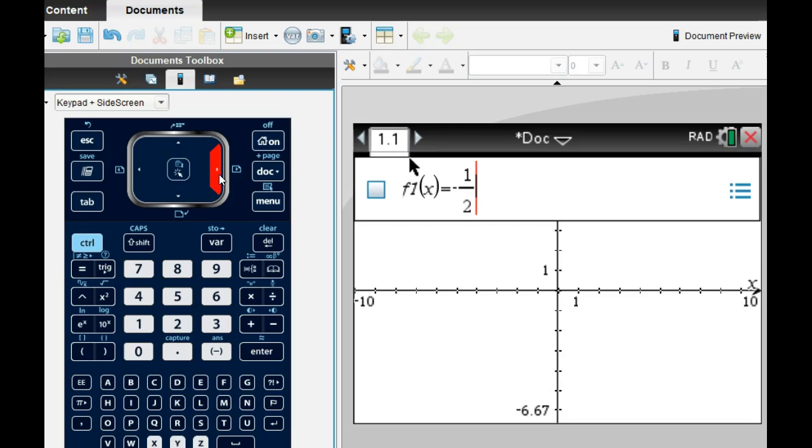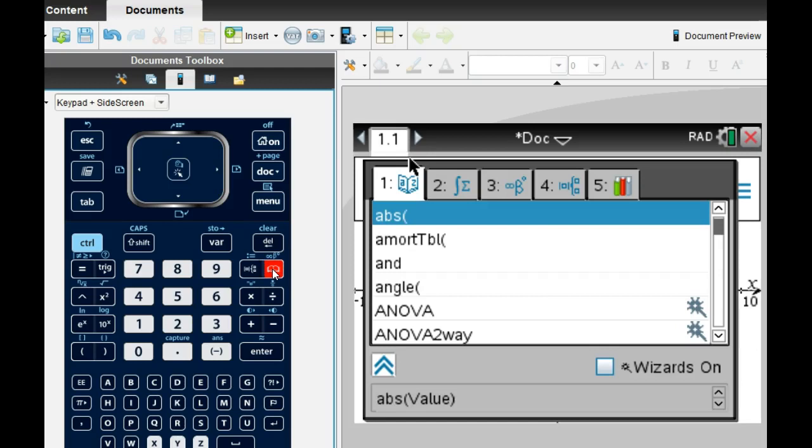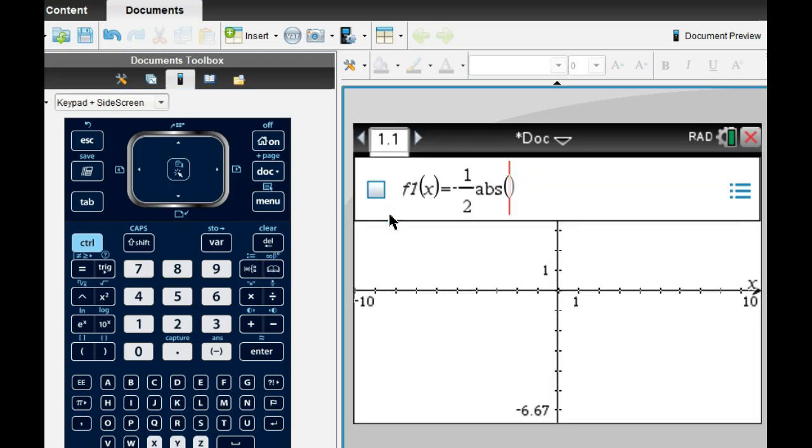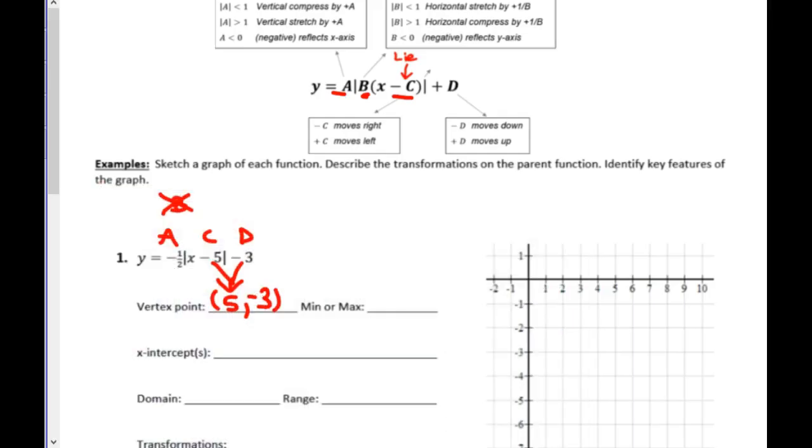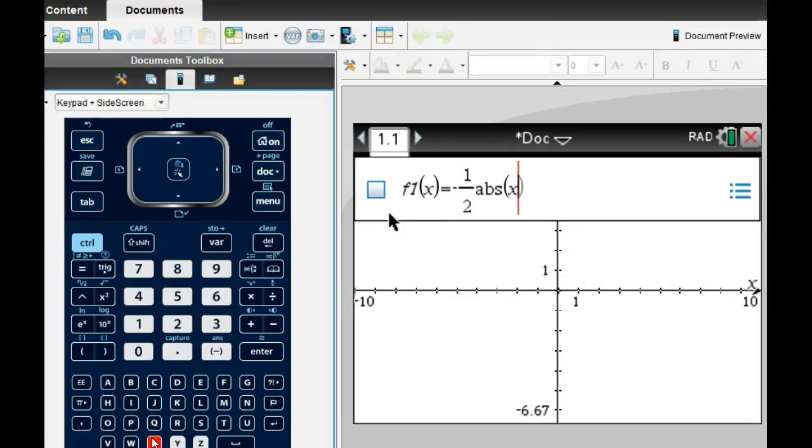How do I get absolute value again? What do I press? The little book. And then what? Abs. Now, what's next? X minus 5 is inside those parentheses. X minus 5.